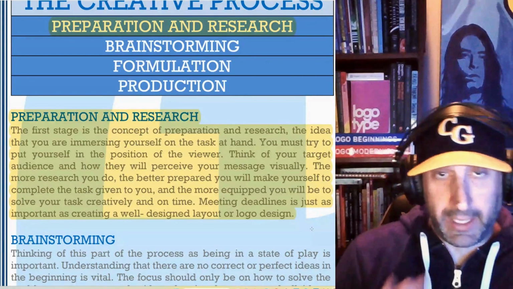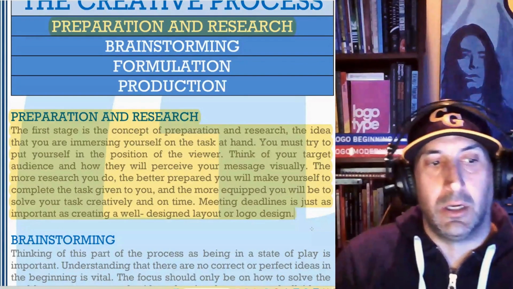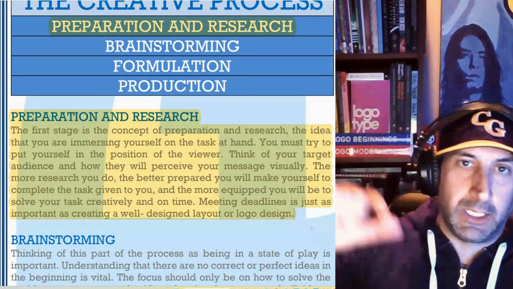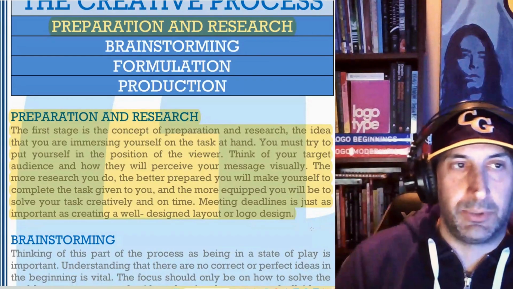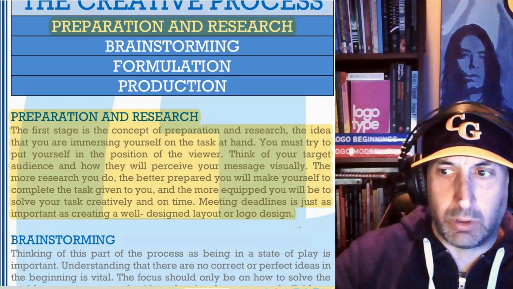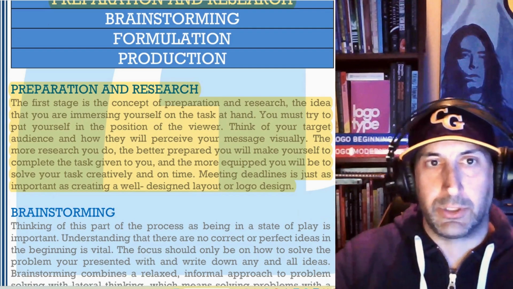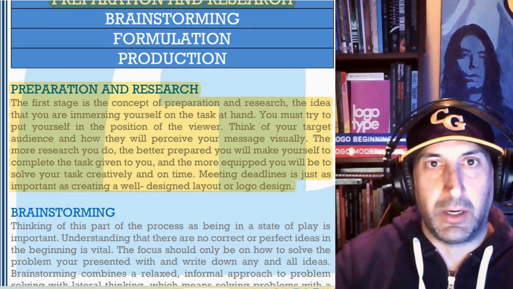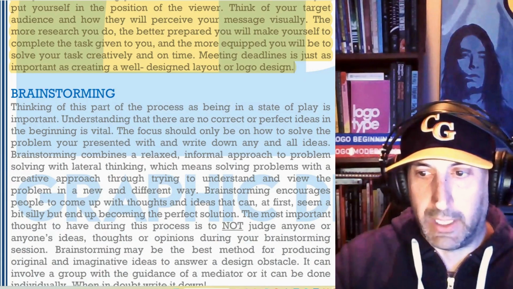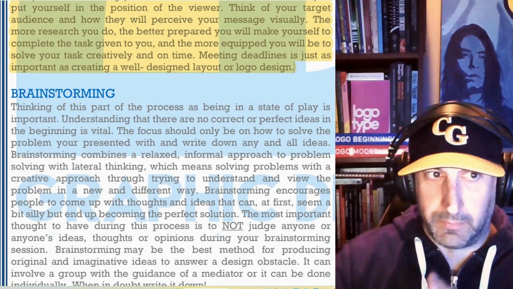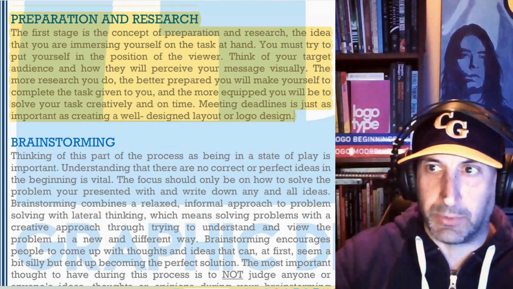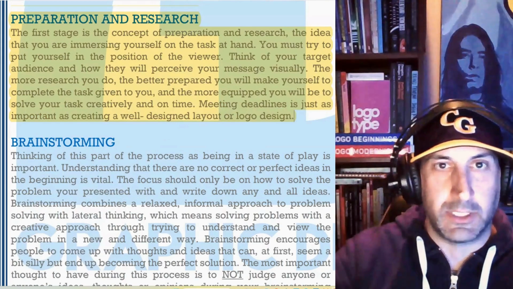So, the next phase of this will be brainstorming. We're going to get into formulation. We're going to get into production, which are all vital steps to go from your initial ideas to a finished product. So I'm going to go ahead and post this in the description so you can read it on your own time.